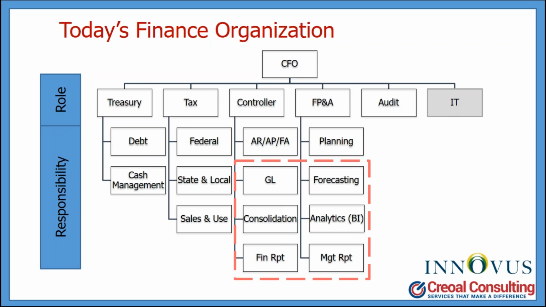Those are the areas which cause much consternation, and those are the areas that these sessions really seek to address and educate you, the users, on the use of the tools that we're going to be presenting and how they can make your lives better and your close and your reporting more streamlined.